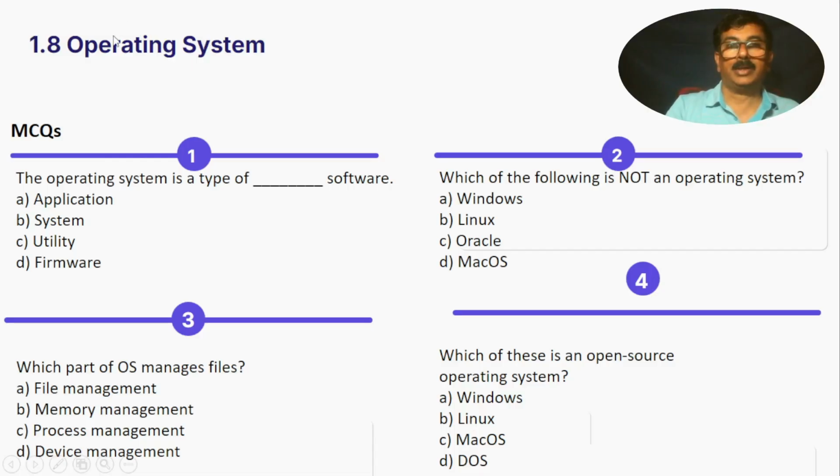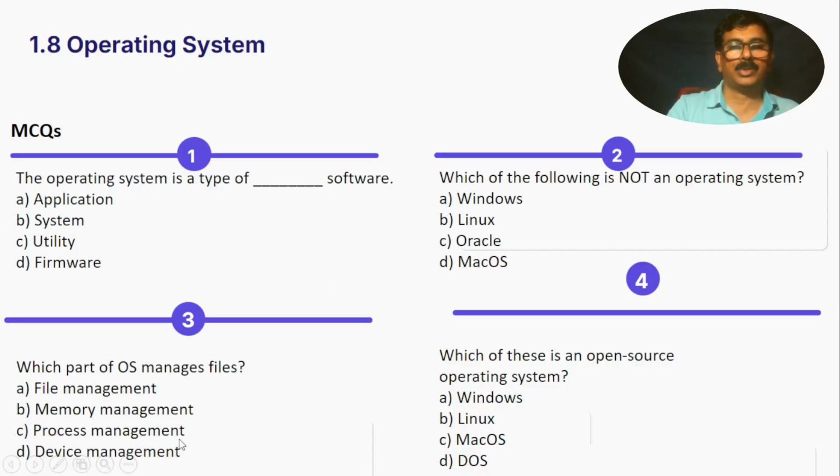Next, 1.8, operating system. The operating system is a type of dash software: application, system, utility, firmware. That is system software. Which of the following is not an operating system? Windows, Linux, Oracle, Mac OS. So Oracle. Which part of OS manages files? File management.